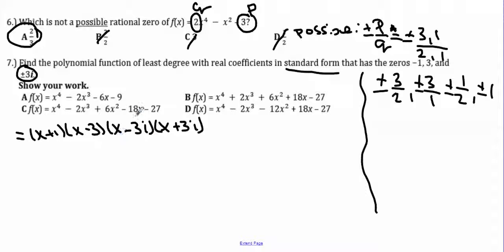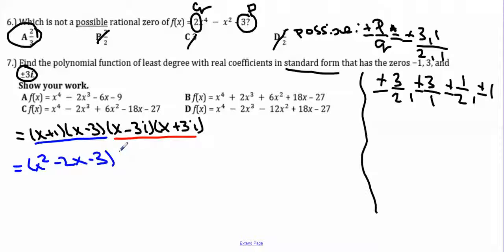The reason we do that is because that middle term is going to cancel out when we multiply them together. So let me first go ahead and multiply x plus 1 times x minus 3. When I multiply those together, I will get x squared minus 2x minus 3.